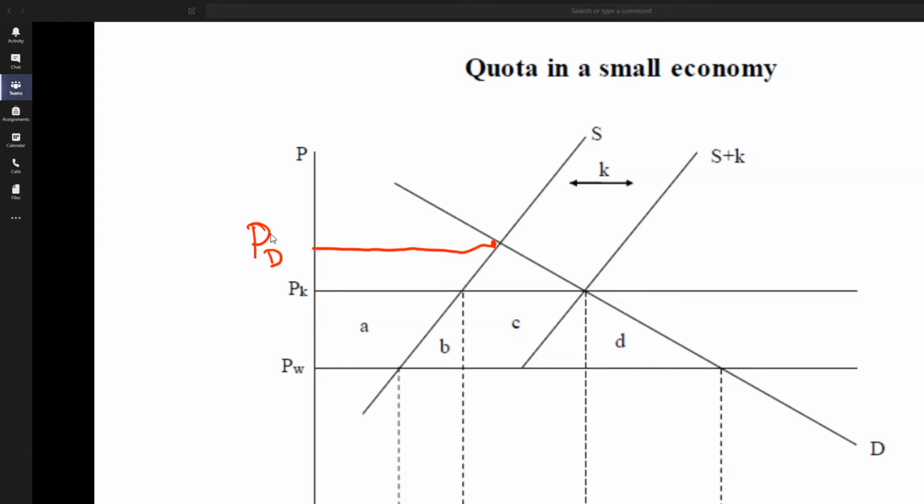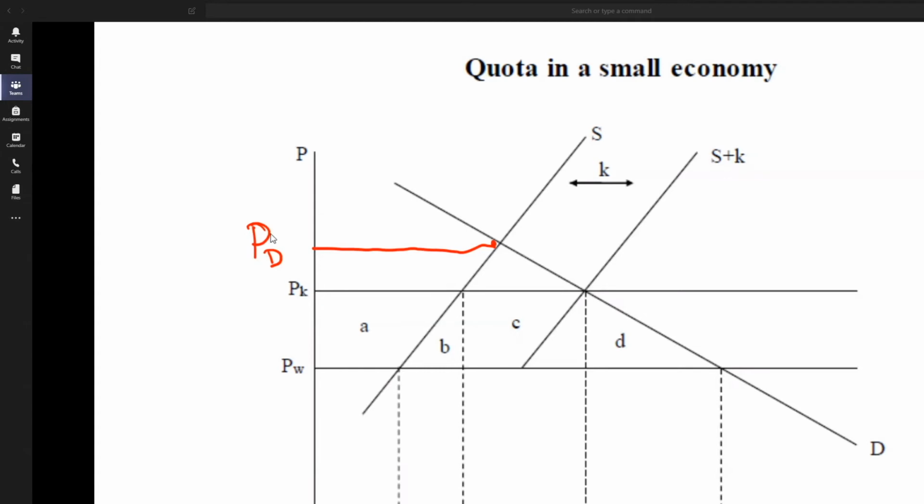PW is the price, world price. You know that the small economy takes the world price. PK is the price after the quota imposition. Once more, you can see here the numbers.